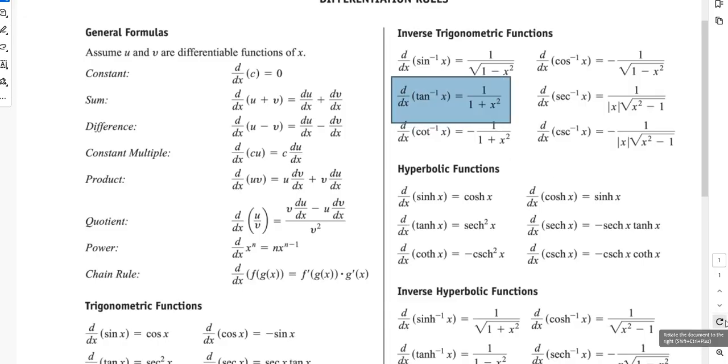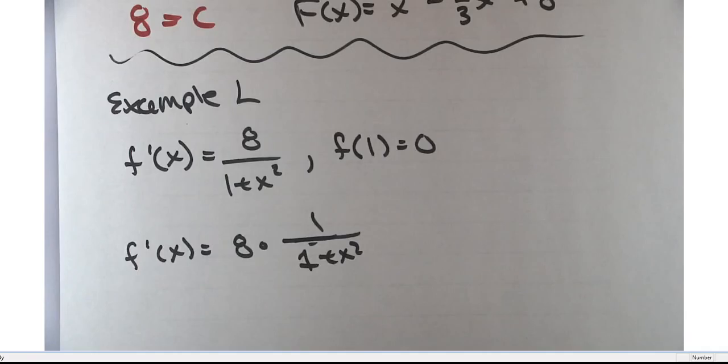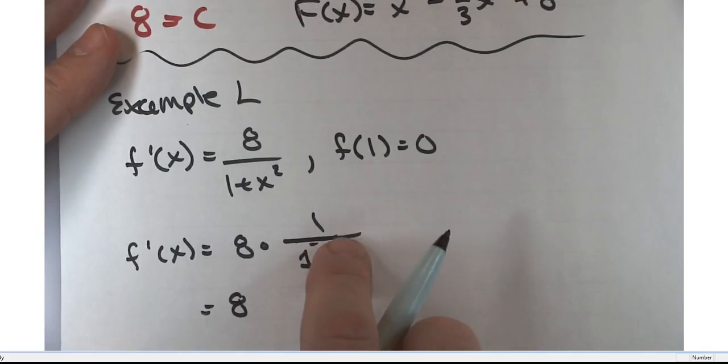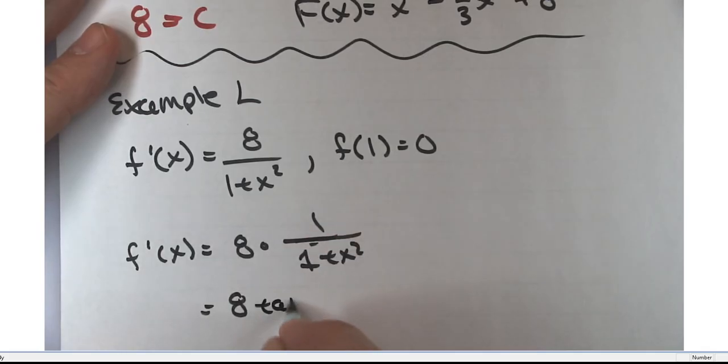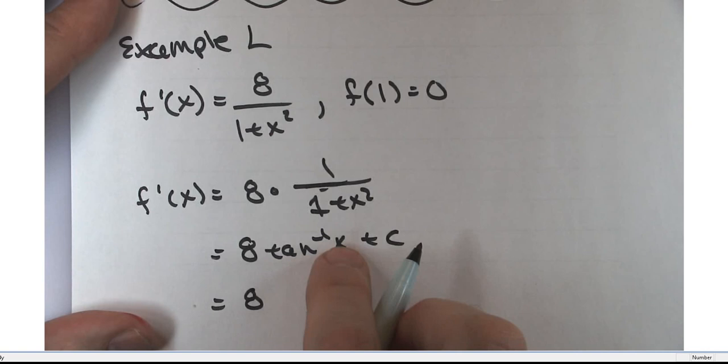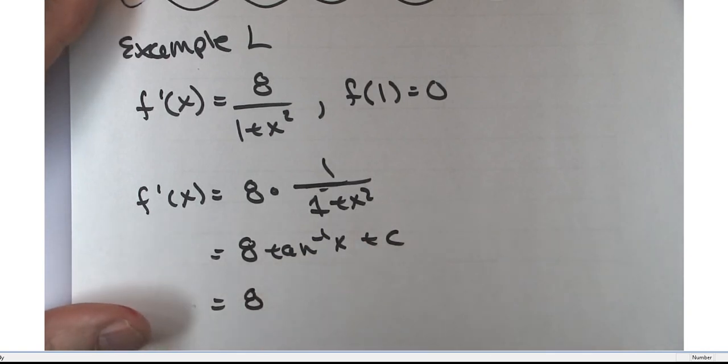The derivative of the inverse tangent is 1 over 1 plus x squared. So it looks like we started out with 8 times something that differentiated to that, and that would be the inverse tangent plus your constant. Just a little notation here. Instead of inverse tangent, tan to the negative first power, what else could I write?